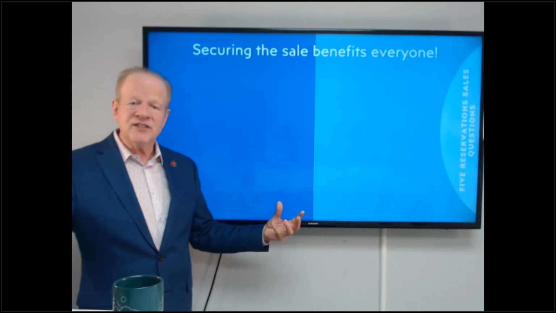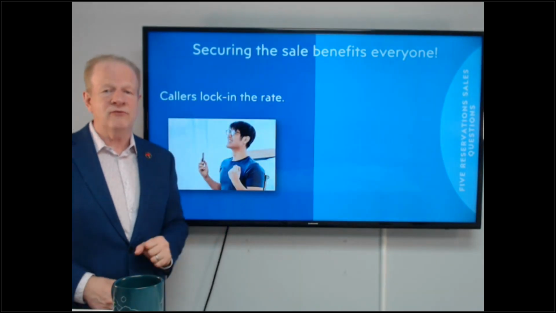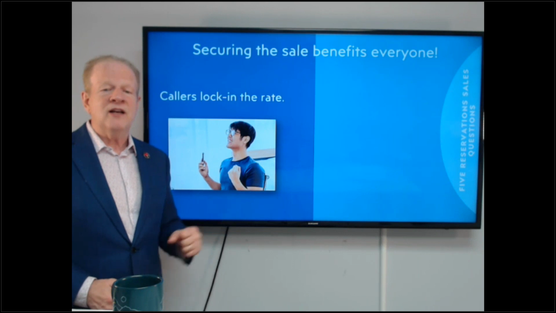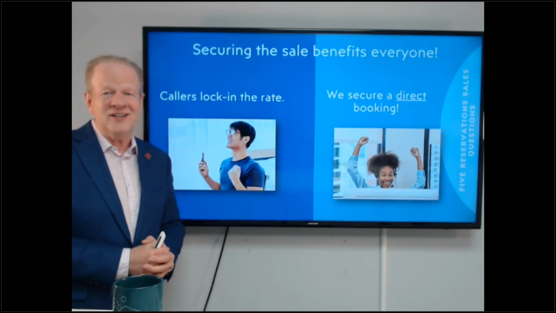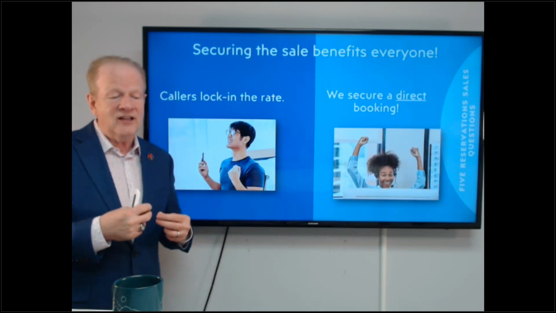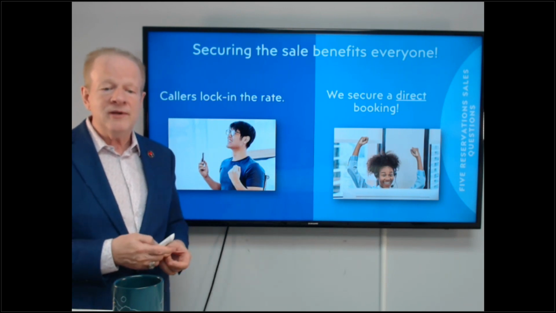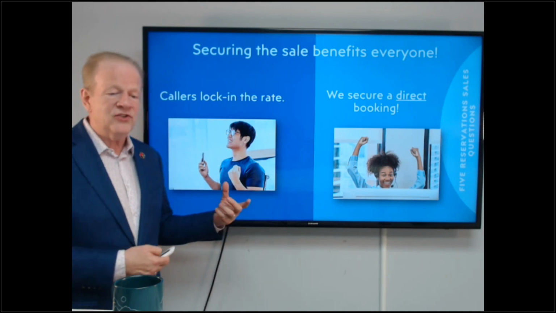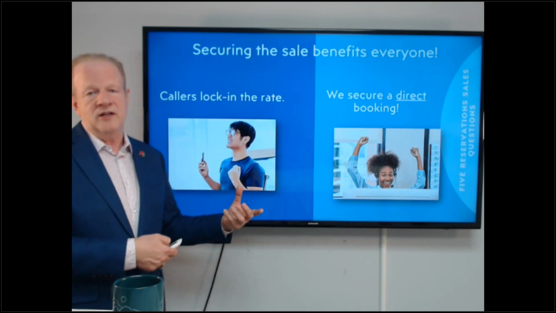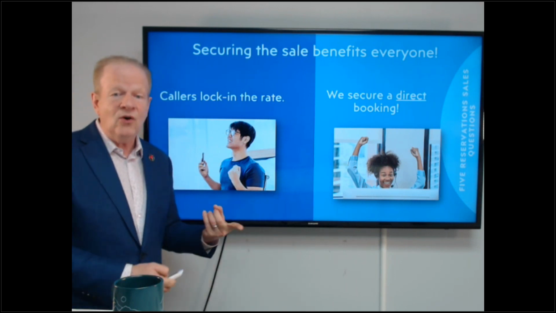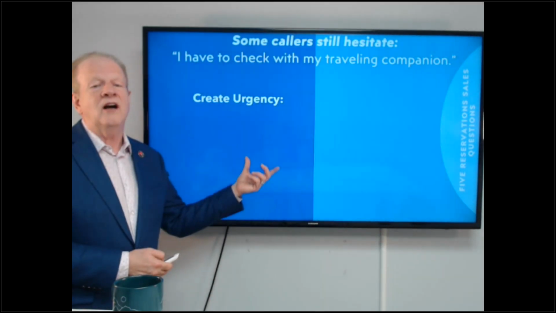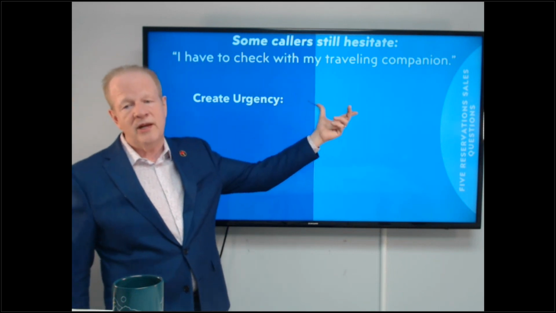And this benefits everyone. Think about it. The caller locks in the rate, okay? But you lock in a reservation, and it is to their advantage because if they call back, it may be gone. And that leads us to the response. They're either going to say yes, or they're going to say, oh, I have to check with my traveling companions.